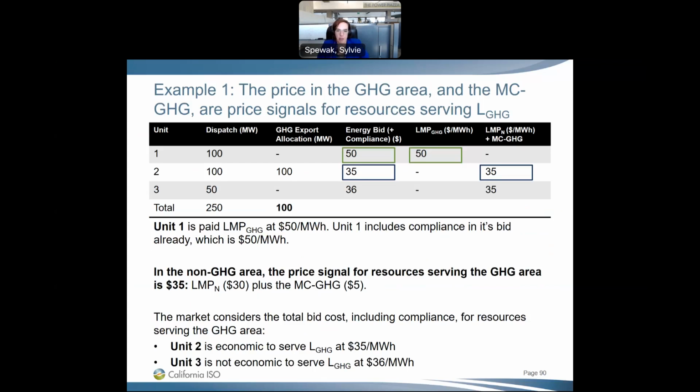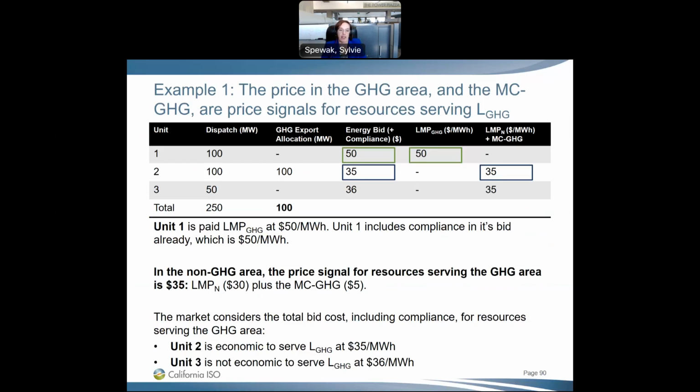LMPN plus the marginal cost of GHG, that combined price signal, is only relevant to resources that receive a GHG export allocation. So if we look at Unit 2, it's dispatched to 100 megawatts. It receives a 100 megawatt export allocation, and therefore we care about whether this price signal is efficient for this resource. The resource's bid plus compliance totals $35 per megawatt hour, and we see that the price signal, LMPN plus MCGHG, is also $35 per megawatt hour.